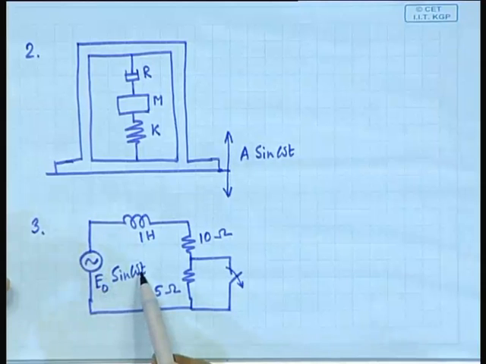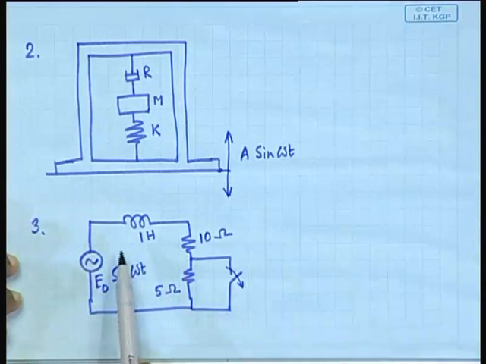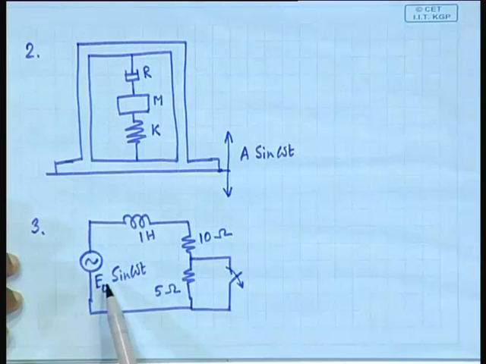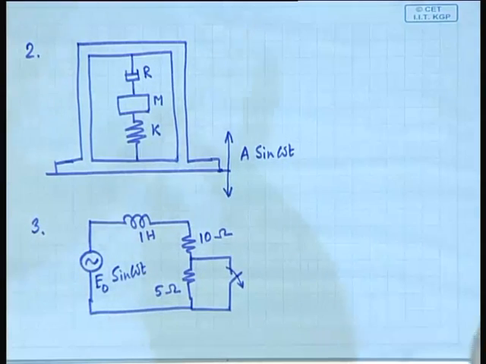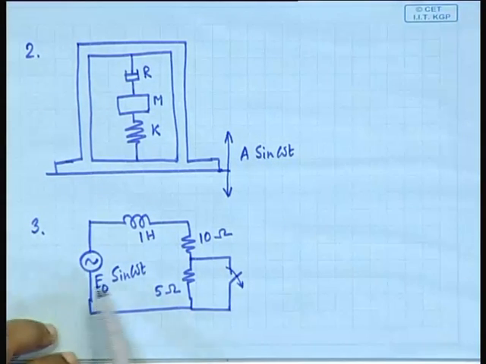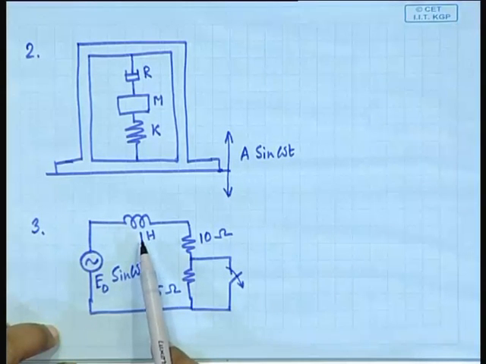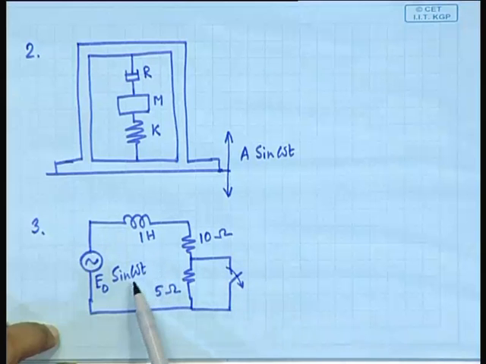Here is E naught sin omega t divided by 10. No, it is a sinusoid, so you cannot say divided by 10. This will have its effect, so that depends on the omega.